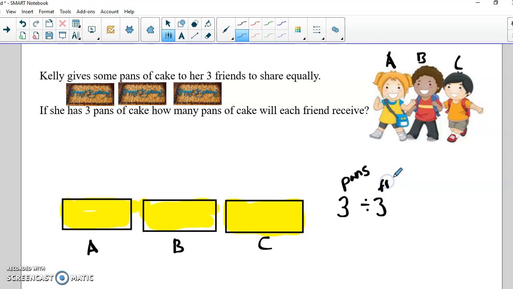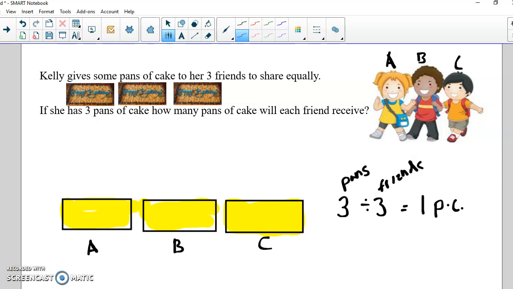This is taking me a little while to write, but that's okay. And so then how many pans of cake does each friend get? Right, they get 1 pan of cake. And for pan of cake, I'm not going to write that out. I'm just going to put P for pan and C for cake. My equation matches my picture.